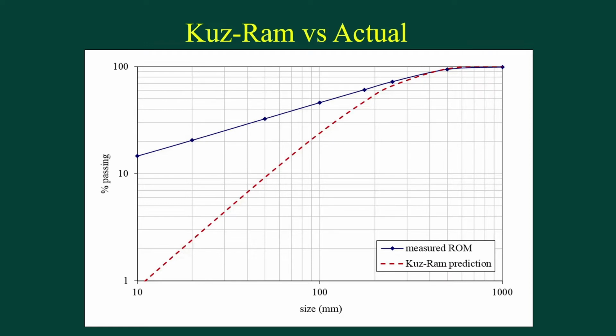And we can see here the red dotted line, the Kuz-Ram prediction, predicts the measured ROM, which is the blue points there, very well indeed, down to about 300, maybe 250 millimeters. And afterwards it becomes progressively worse at estimating how much fine material there is in this particular run of mine.